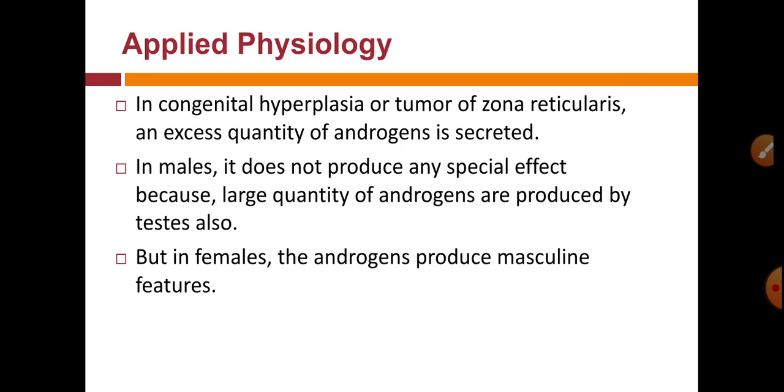But in males, when a large quantity of androgen is secreted, it does not produce any special effect because androgens are already secreted from the testes. So in males it does not produce any special effect, but in females, when androgens are secreted in large quantity, it produces masculine features.